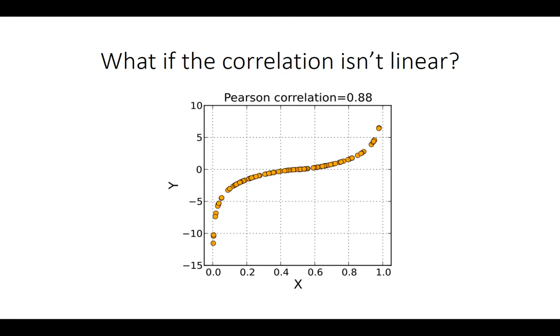The higher x becomes, the more y grows. They really go together, but it just doesn't happen to be linear. As a result, even though it's a perfect nonlinear correlation, we only get a high correlation of 0.88 with Pearson's, but it doesn't reflect the fact that we really have perfect correlation here, and we might expect to get 1 in this case.